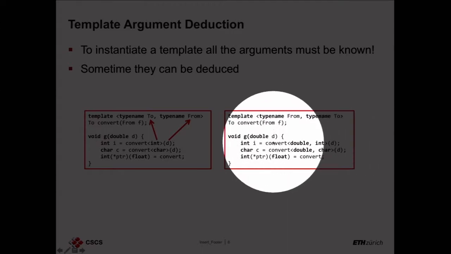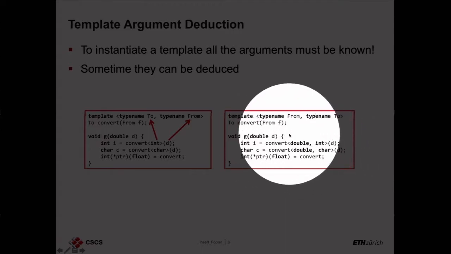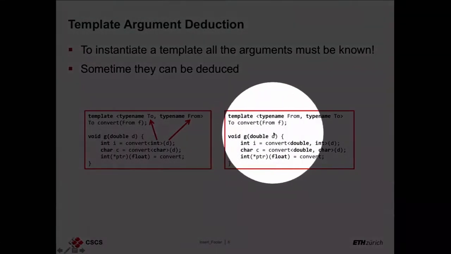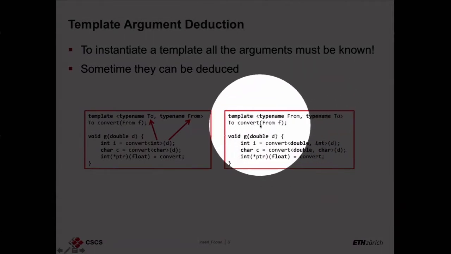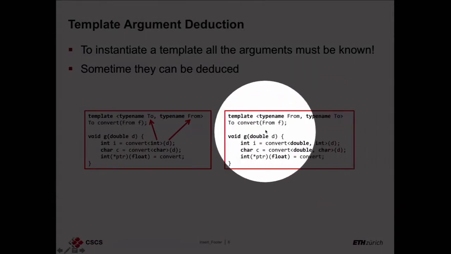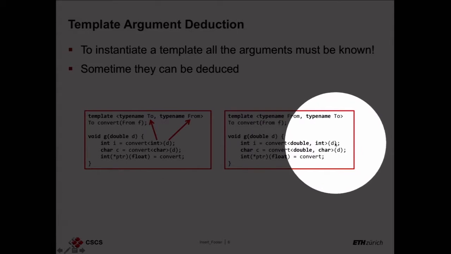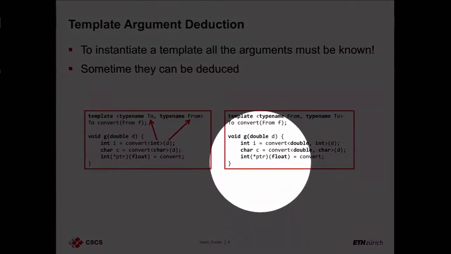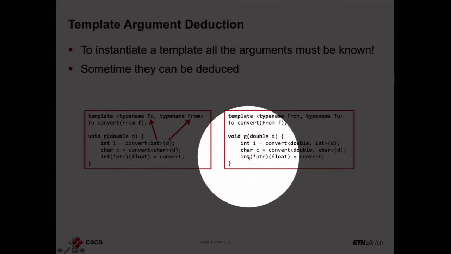If I write convert int to d, this will not work anymore, because int will be associated to the from, and then you try to get the d to be an int, and it will say, well, there's something wrong here. But the function pointer thing will still work the same way.